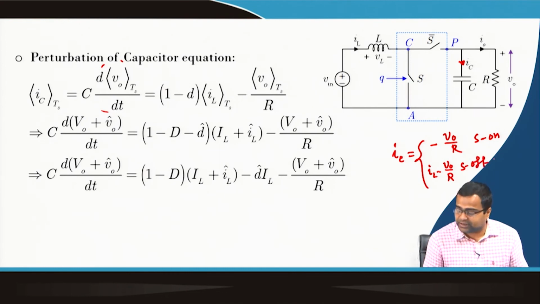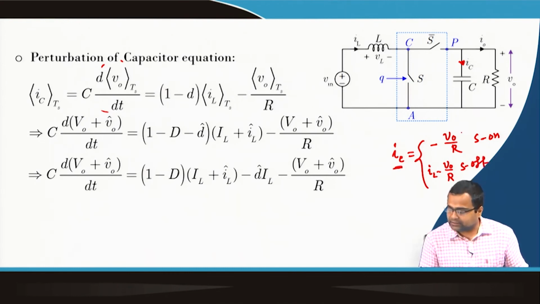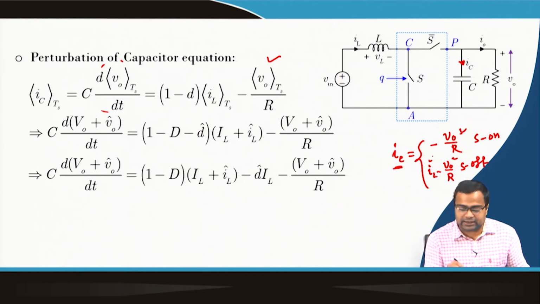So, if you take the average capacitor current, the term minus V0 by R is common, so it is simply the average quantity, and the other term is 1 minus d into IL. Again we expand this average quantity with its steady state quantity plus perturbation.